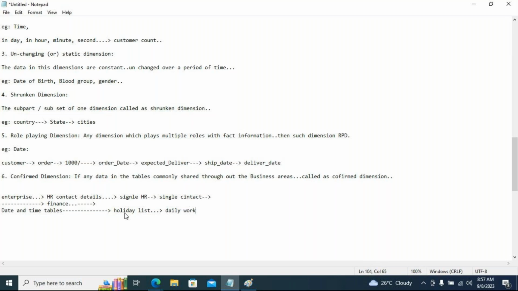Daily working hours come from the date tables. The shift timings come from the date tables. So this information is commonly shared throughout the business areas.